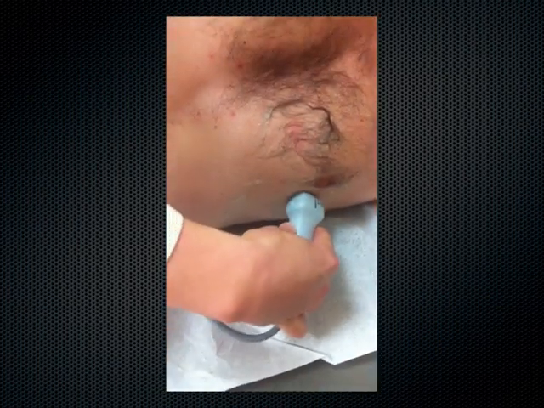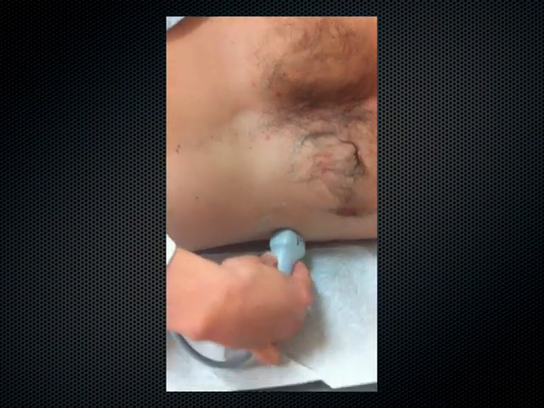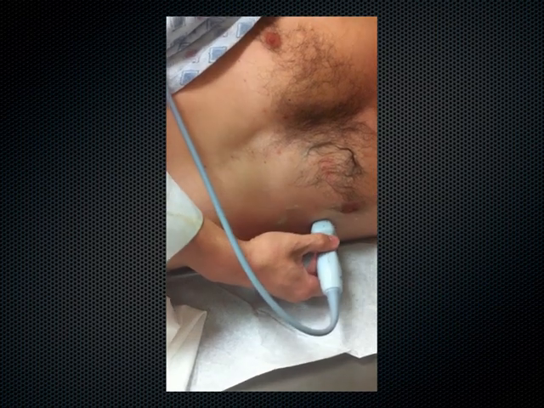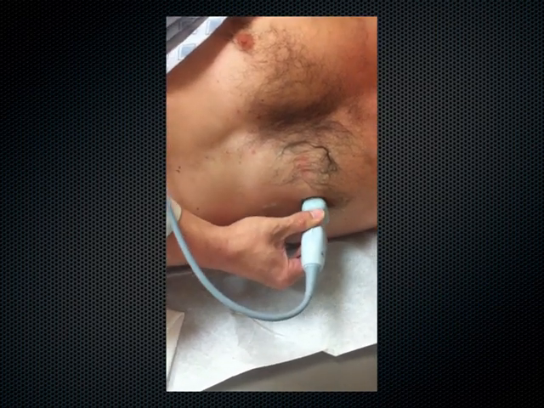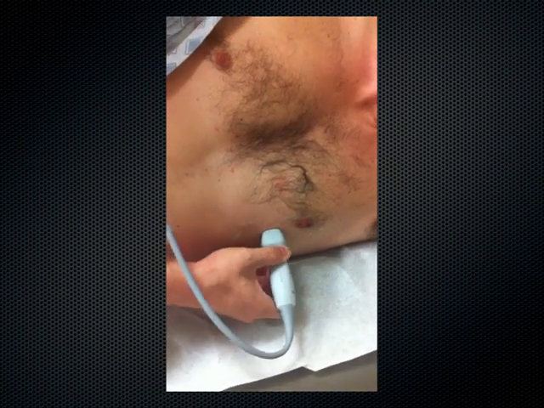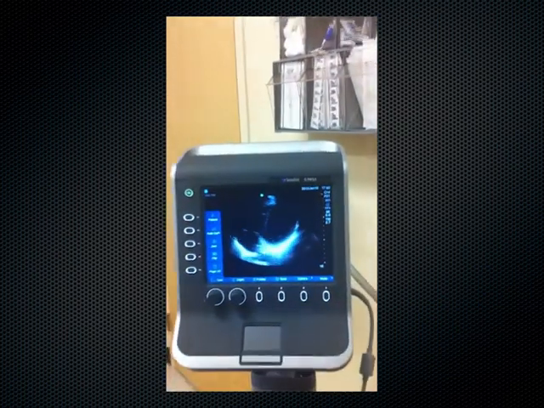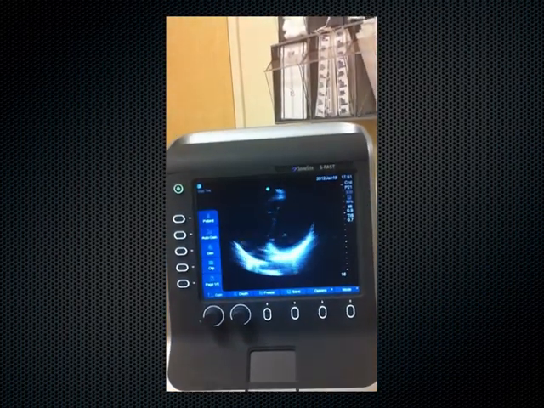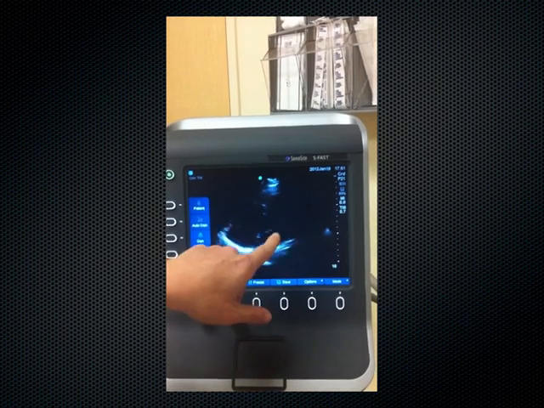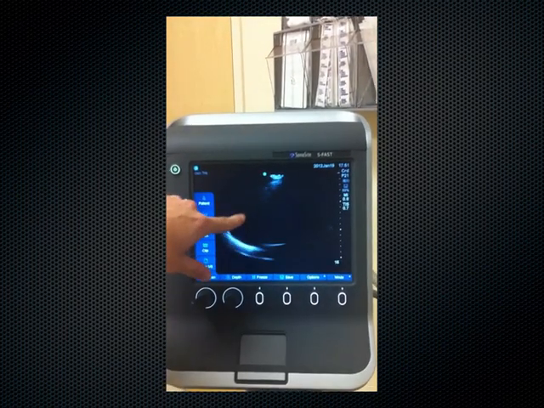So I'll start right here. On the right of the screen is the left side of the heart, and on the left of the screen is the right side of the heart.